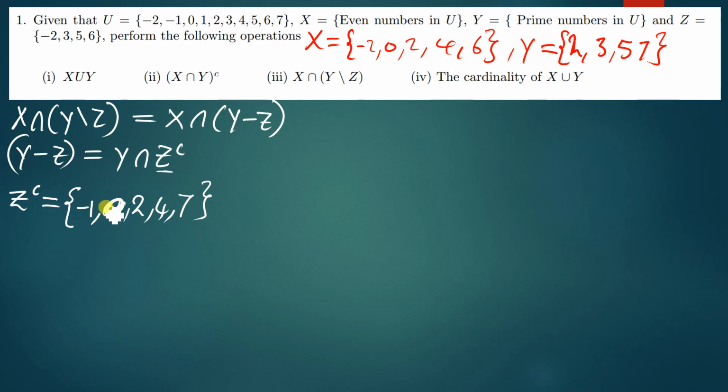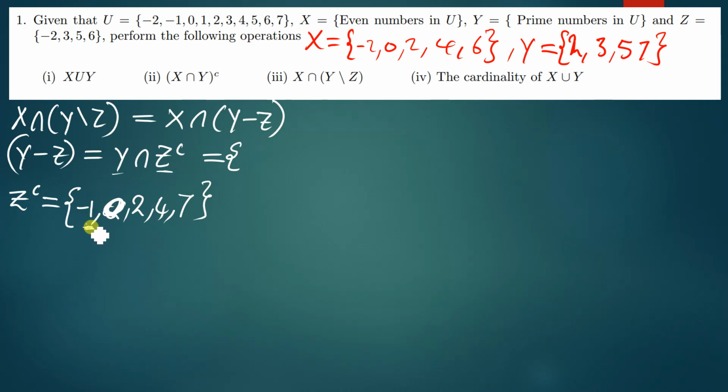So now we have to find what y intersection z complement is. Meaning we have to find what is common between the set y and z complement. Do we have -1 in y?